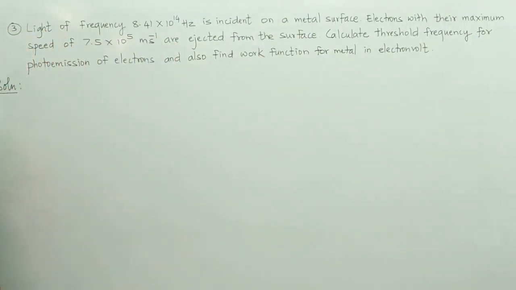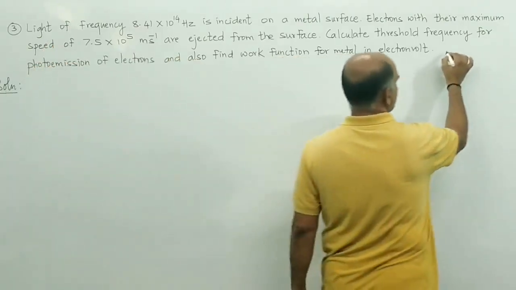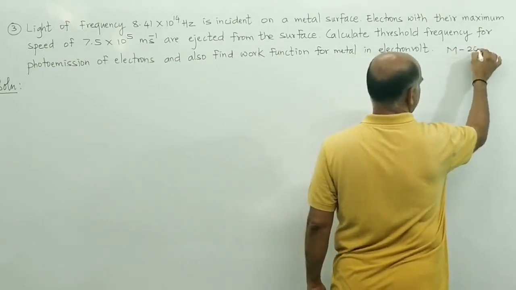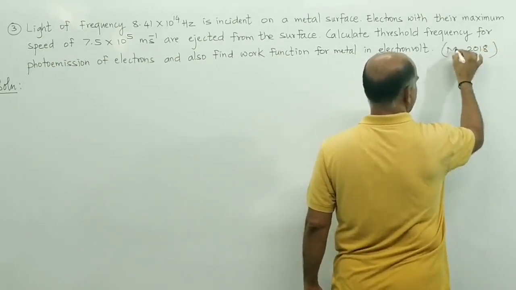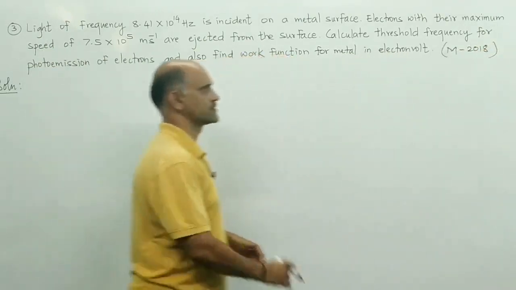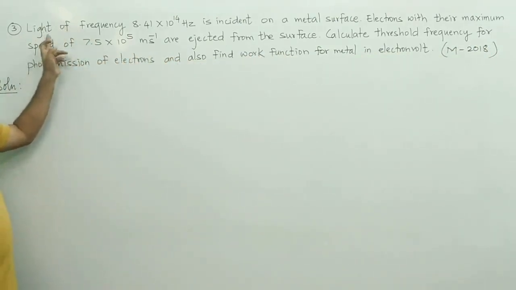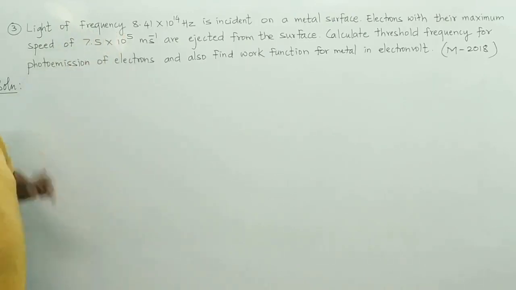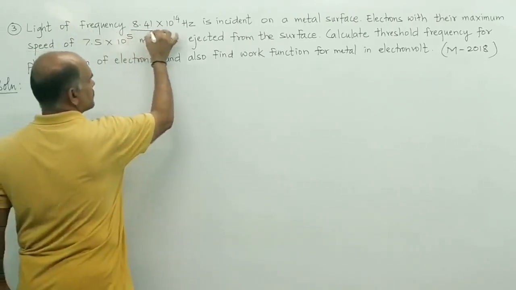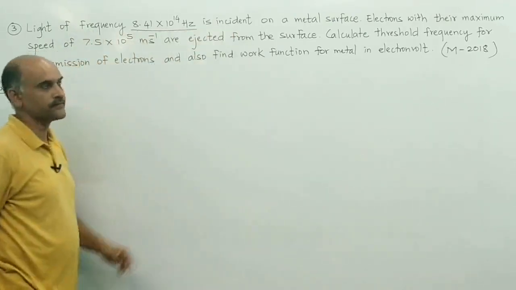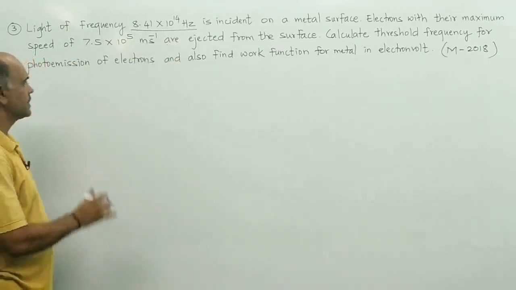So third problem. This problem has appeared in March 2018. So what he says, light of frequency 8.41 into 10 raised to 14 hertz is incident on a metal surface.